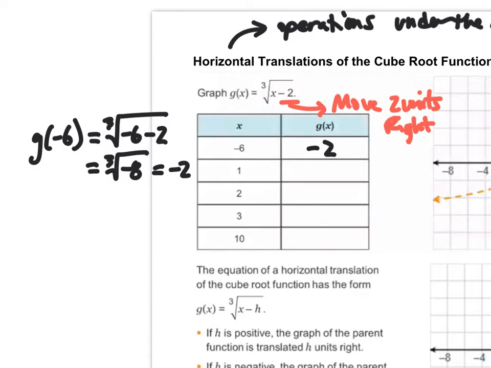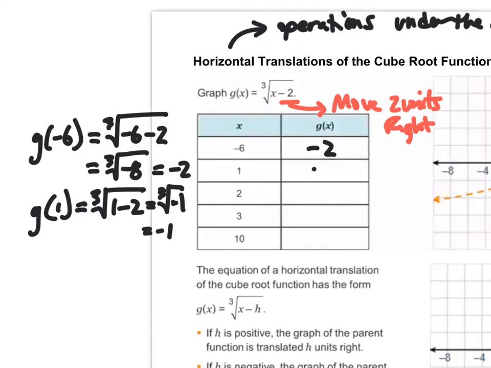If I plug in 1, if I do g of 1, then that's the cube root of 1 minus 2, which gives me the cube root of -1, which gives me -1. And if we do g of 2, that's the cube root of 2 minus 2, which is the cube root of 0, which gives you 0.